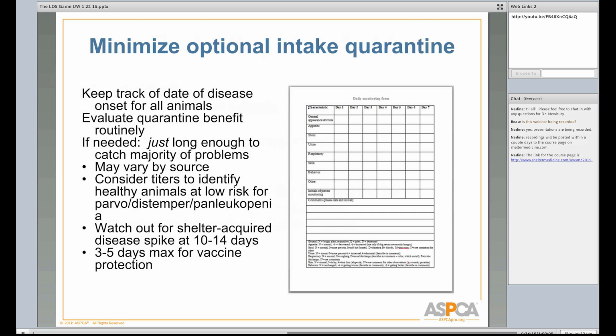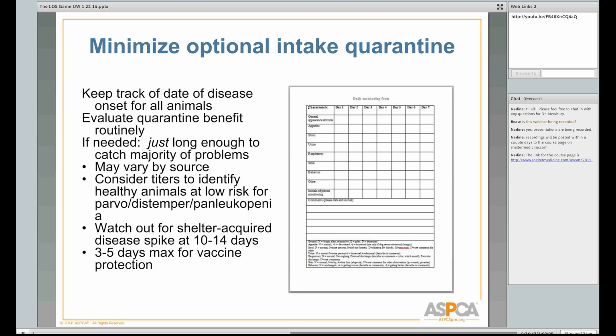Usually we try to convince shelters to minimize optional intake quarantines. So the only time that we might encourage a shelter to do an intake quarantine is if they're taking animals from another shelter that they know has a history of infectious disease. And even then, we'd rather put a protocol in place to help them identify which animals are at risk and which animals aren't at risk.